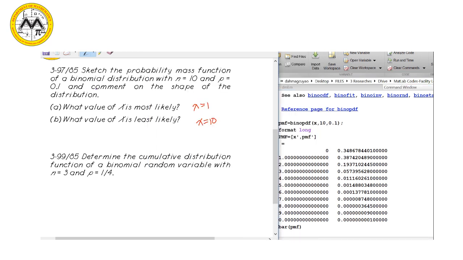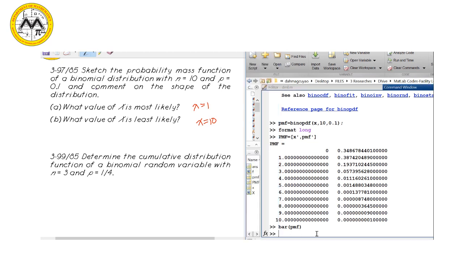Now for the second part, determine the cumulative distribution function of a binomial random variable with n equal to 3 and p equal to 1/4.